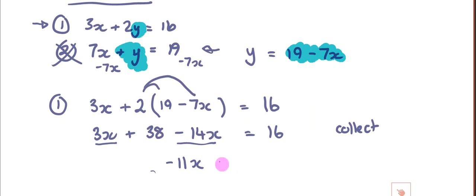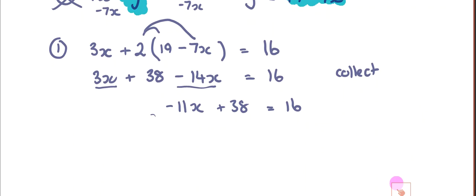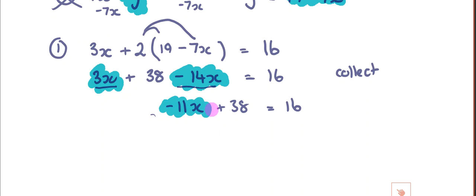I've still got a plus 38. It still equals 16. Now what? So 3x subtract 14x is negative 11x. Well, I added them, but adding a negative is the same as subtracting it. All right. What do we do next? Take away 38 if you like.